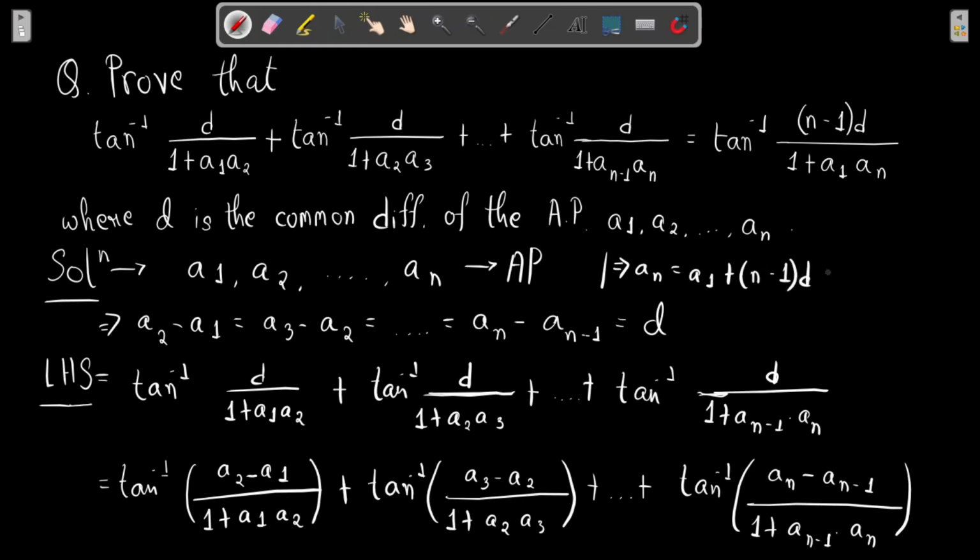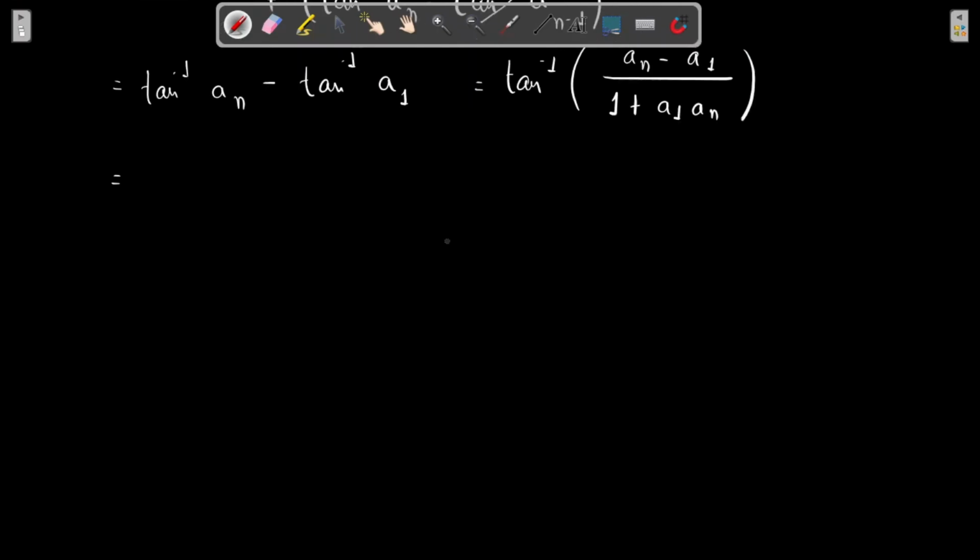So we can write tan⁻¹ of this, where aₙ becomes a₁ + (n − 1)d, minus a₁. This is the numerator. We have just expanded the expression of aₙ in terms of a₁, the nth term of an AP.